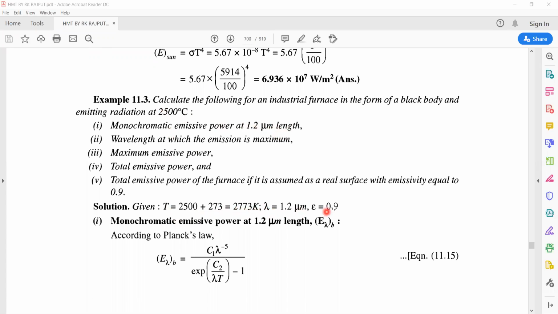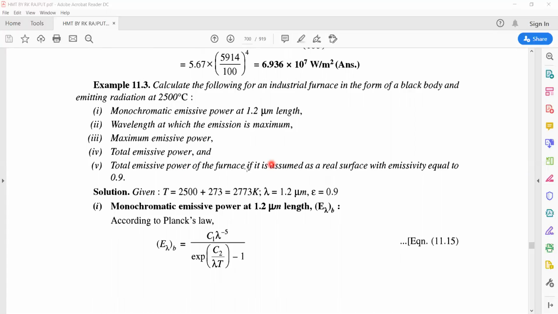And here emissivity is strictly applicable only for the fifth bit. But up till here, to calculate the total emissive power, we are supposed to take the value of emissivity as equal to 1, because initially he has given to assume the furnace as the black body.